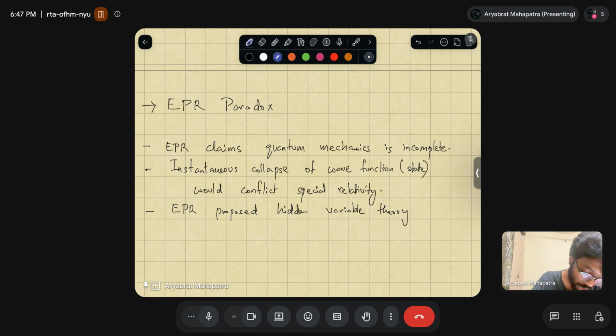This paradox is named by those people. Some popular names right here: this E is for Einstein, this is Podolsky, and this is Rosen. These are three famous physicists who were not happy about this whole idea of the quantum entanglement phenomenon, and how it was defined in particular.